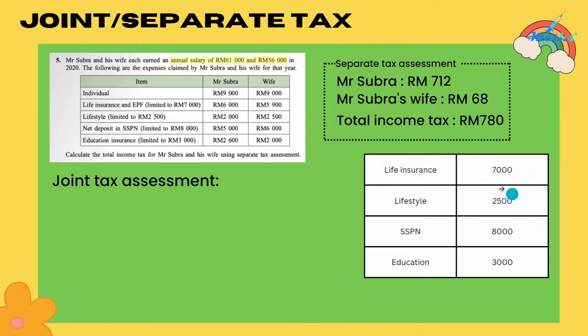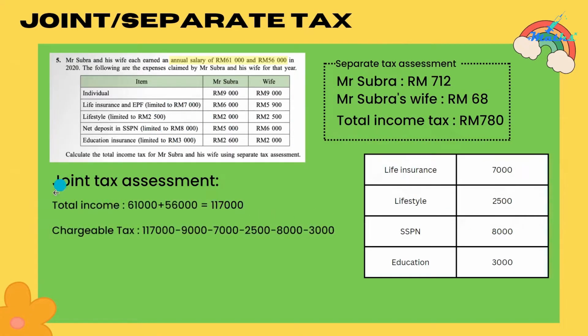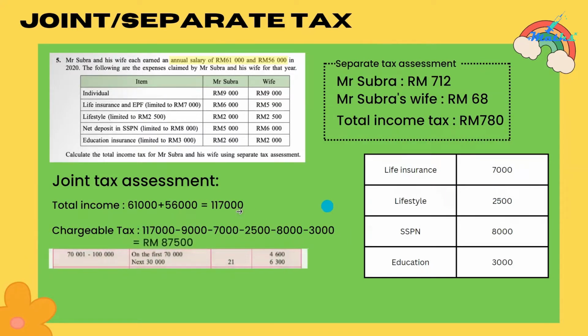So we need to follow the limit here. Next will be the total income, where we combine the annual salary from Mr. Subra and his wife. So the chargeable income is the total income minus all of the expenses. So here is the chargeable income.